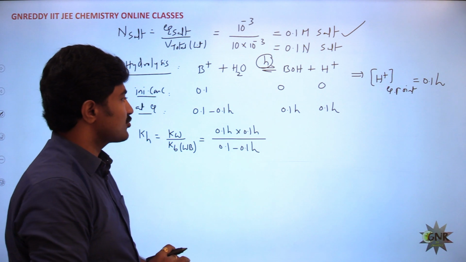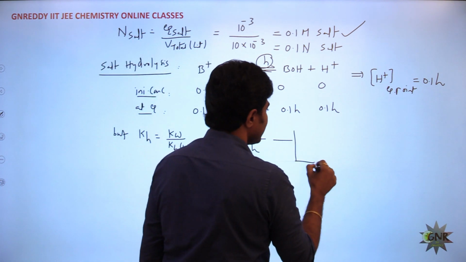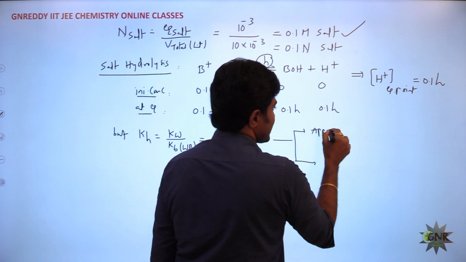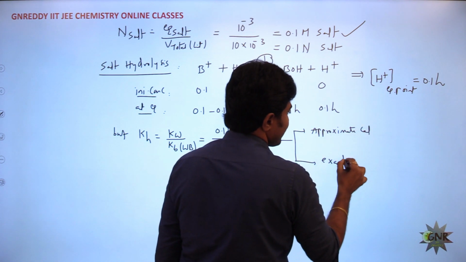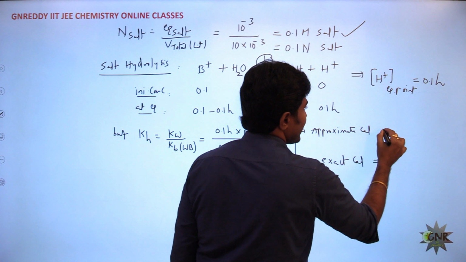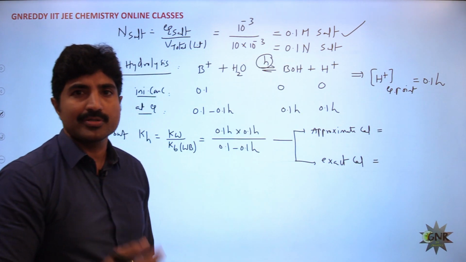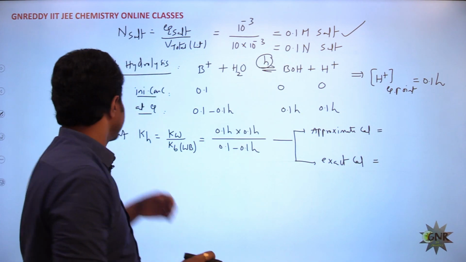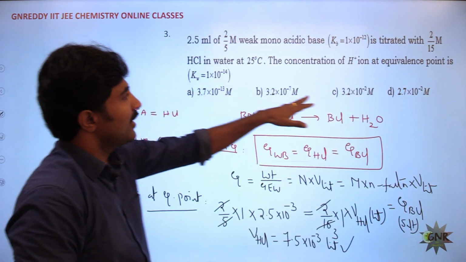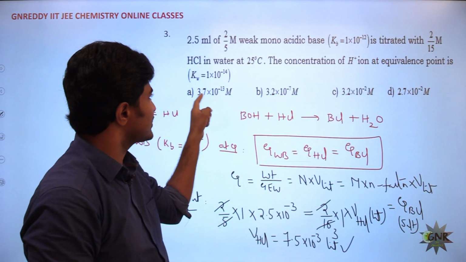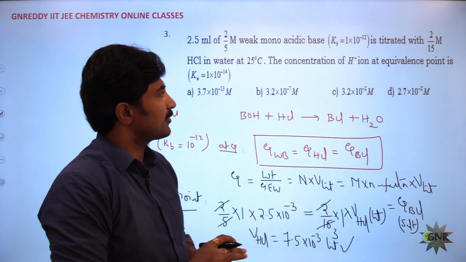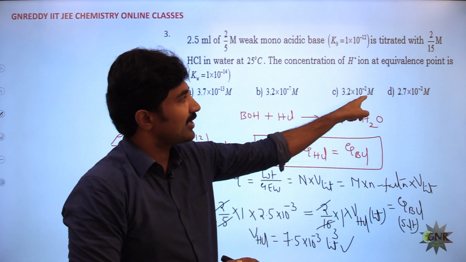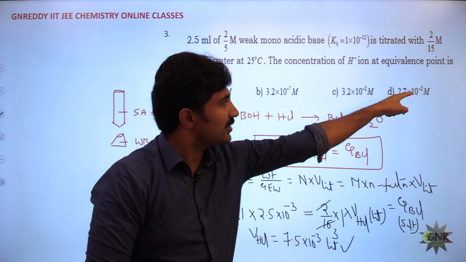But here you have to notice one point: there is an approximate calculation and an exact calculation. How do you say whether the given one follows the exact or approximate calculation? That depends on the given options only. If you look at the options, one is in terms of 10 power minus 13, one is in terms of 10 power minus 7, one is in terms of 10 power minus 2, and one is in terms of 10 power minus 2.